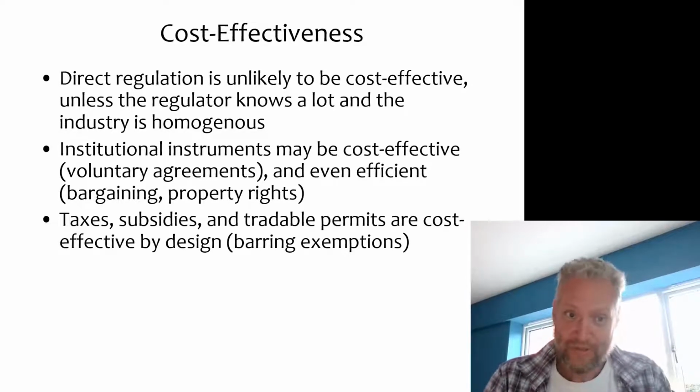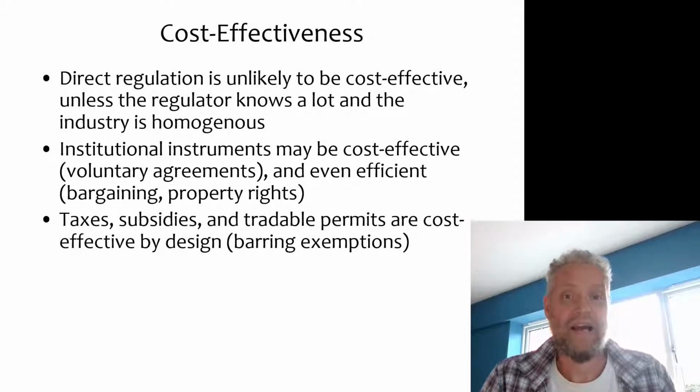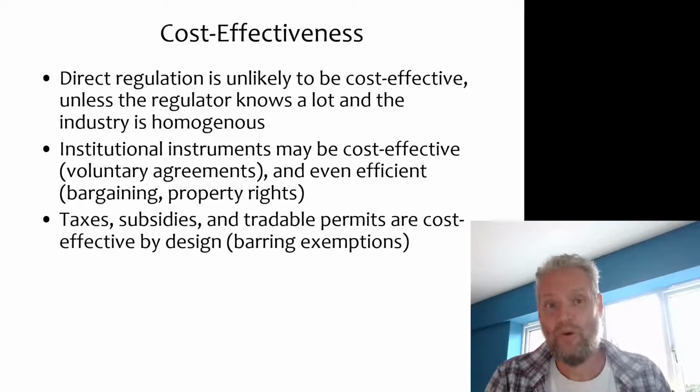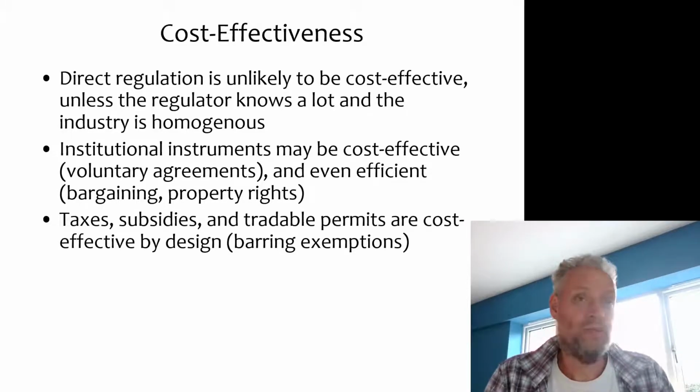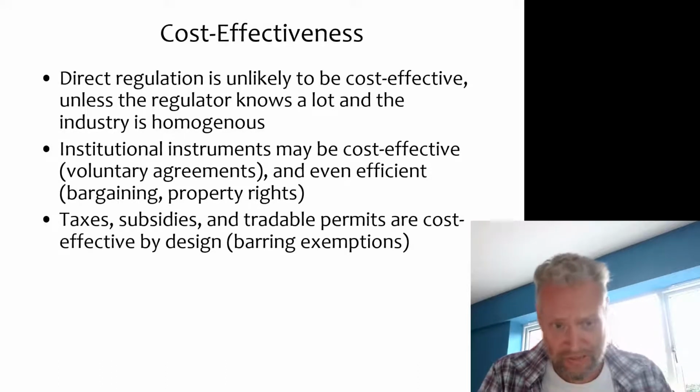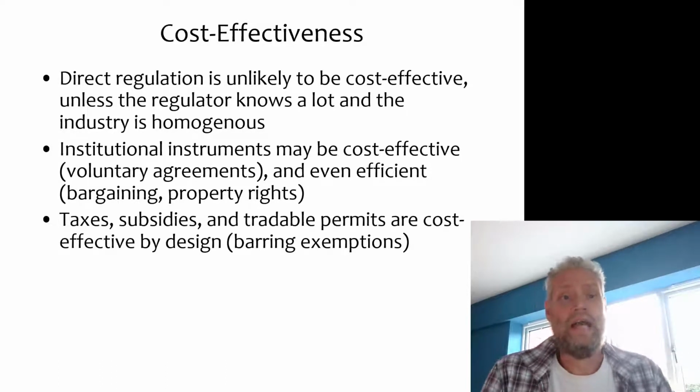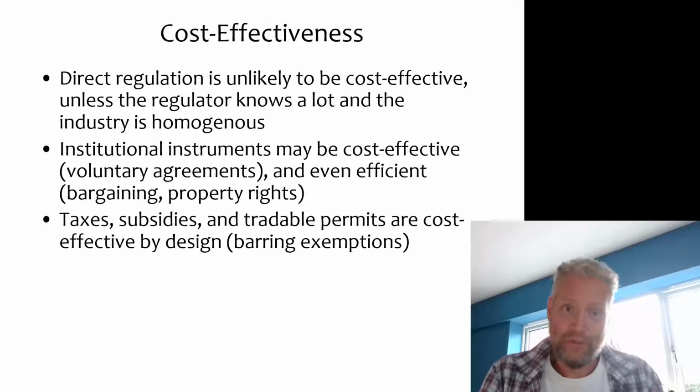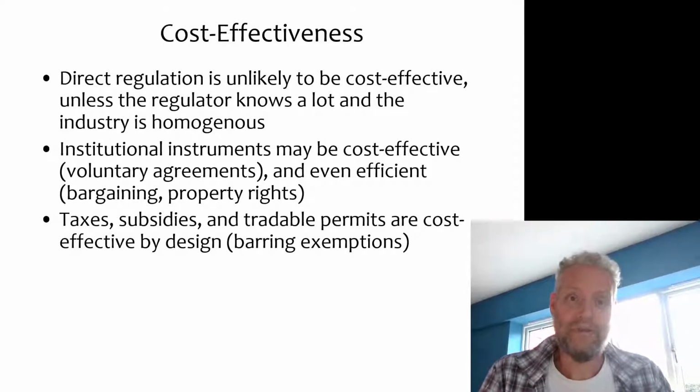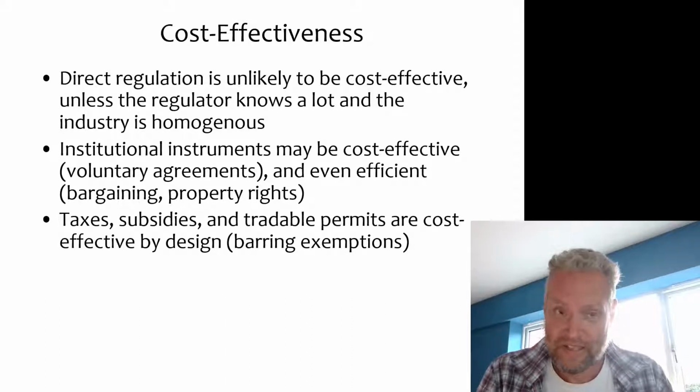And there are exceptions to that, but then you're talking about a very knowledgeable regulator and a small number of polluters who all basically do the same thing. Institutional instruments, voluntary agreements, actually are designed to use more information and therefore are more likely to be cheaper than direct regulation.